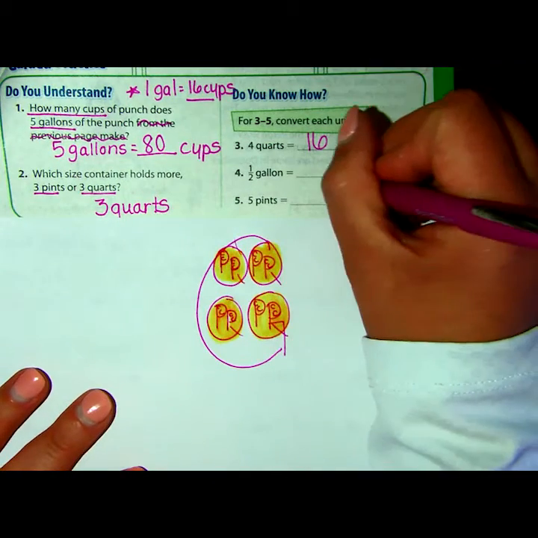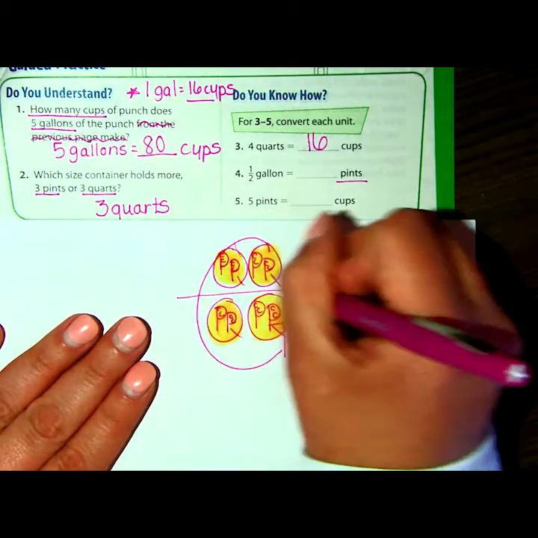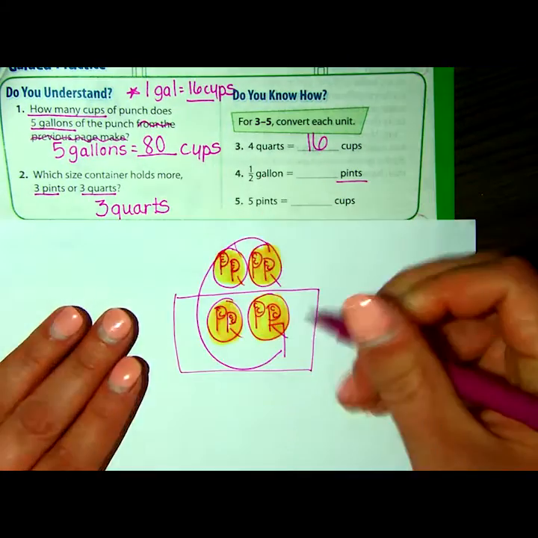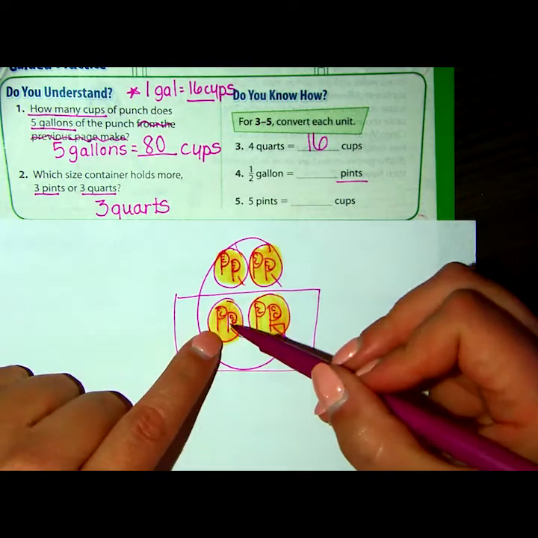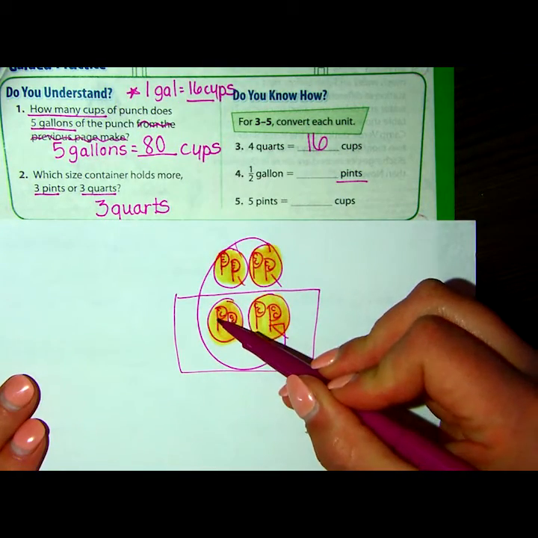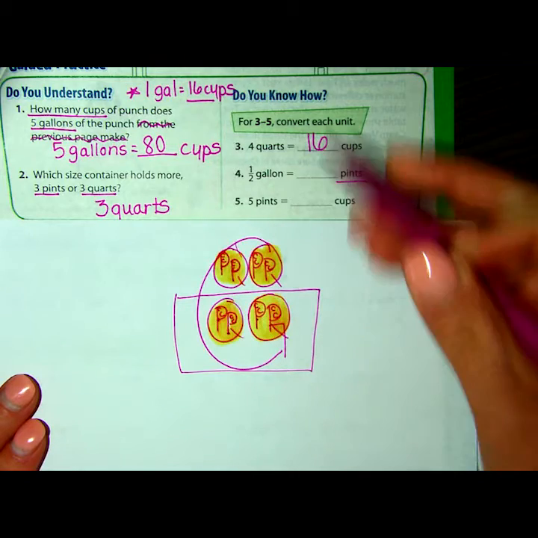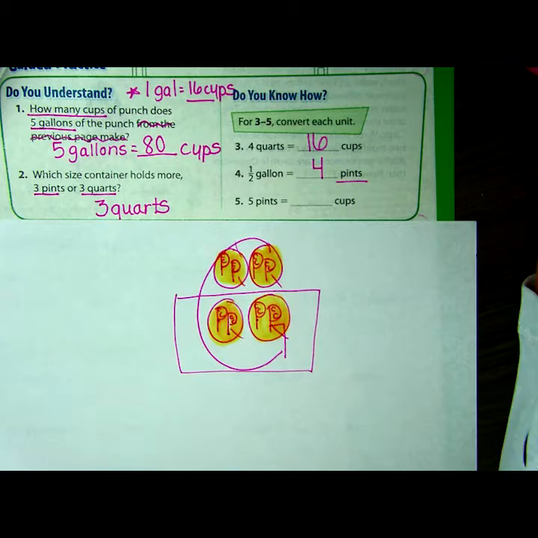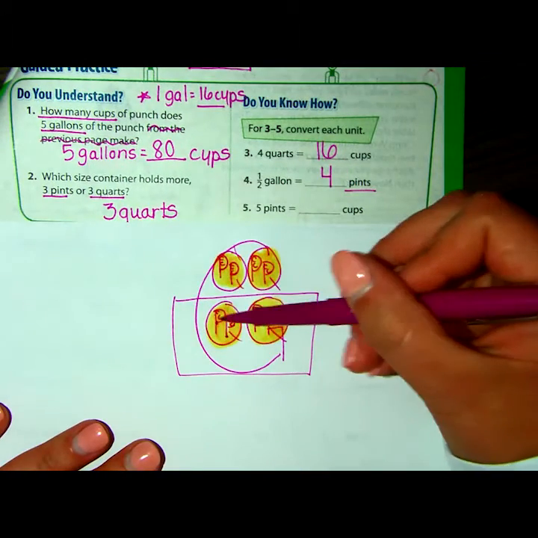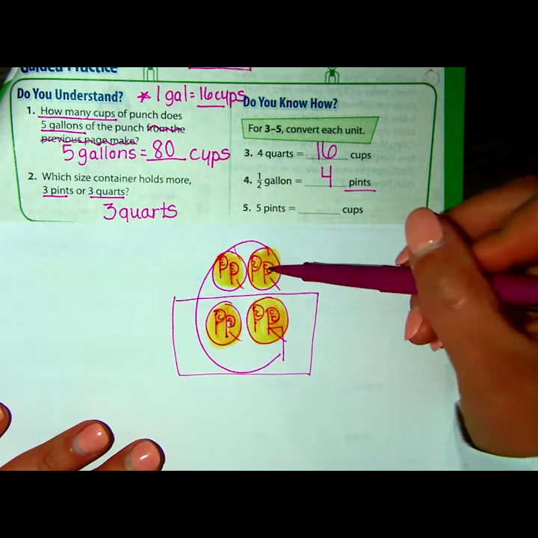Now, in a half gallon, we want to know how many pints. So we're going to cut this in half and focus on just 1/2 of the gallon. Pints, I see are P's, so I'm focusing on 1, 2, 3, and 4 pints in half of a gallon. In a full gallon, we would have 1, 2, 3, 4, 5, 6, 7, and 8.